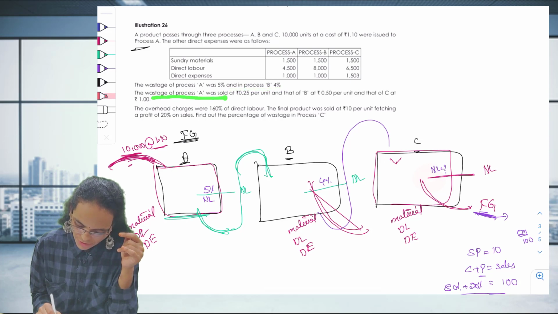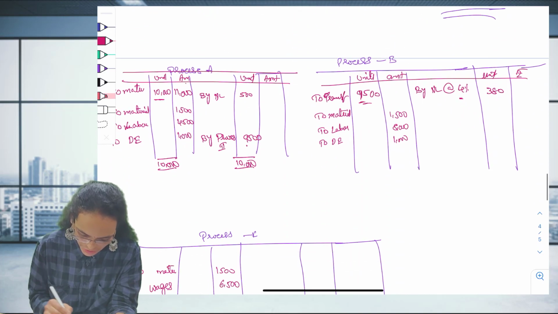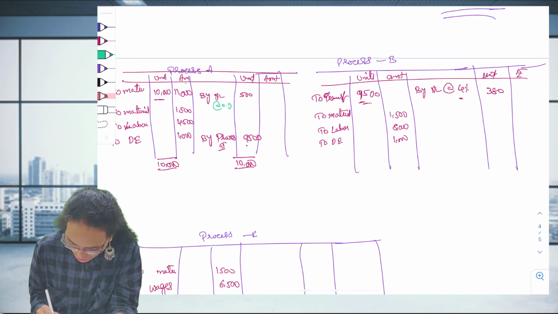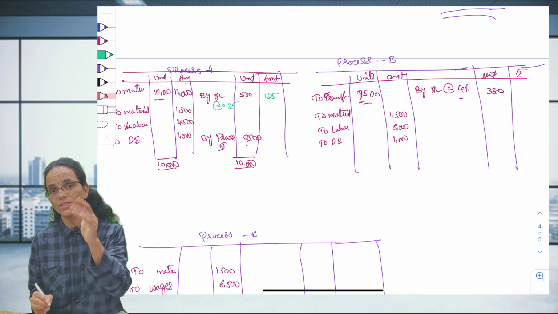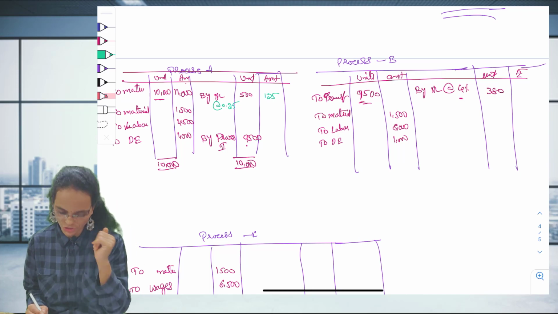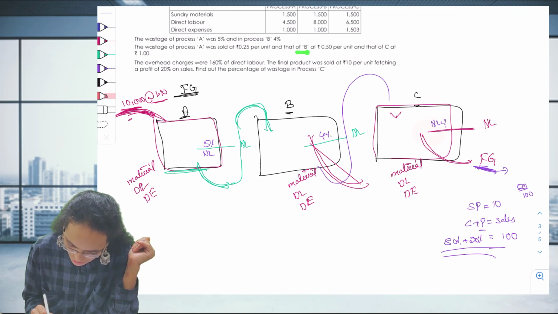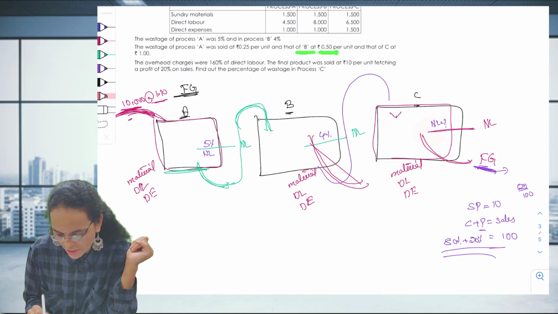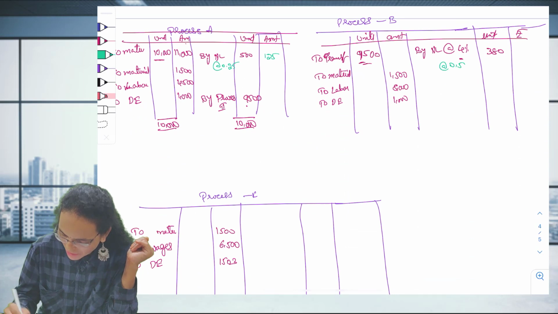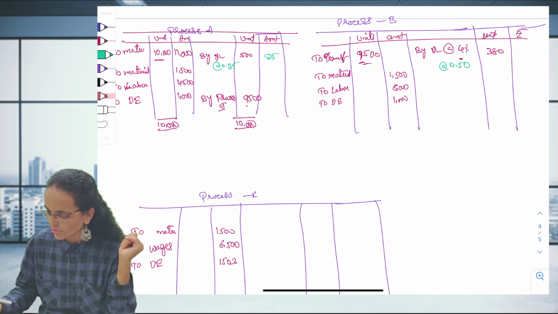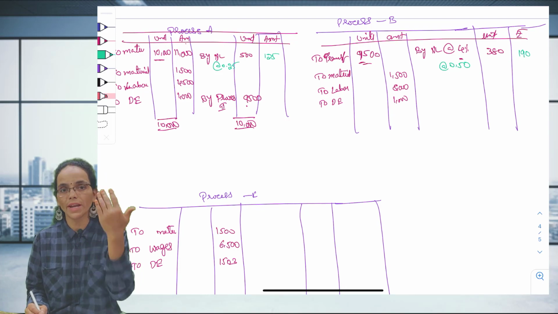The wastage of process A was sold at 0.25 per unit. 500 into 0.25 is nothing but 125 rupees realized in process A as scrap realization. In the second process, process B, 0.5 per unit. 380 into 0.5 is 190 rupees realized from the scrap in the second process.